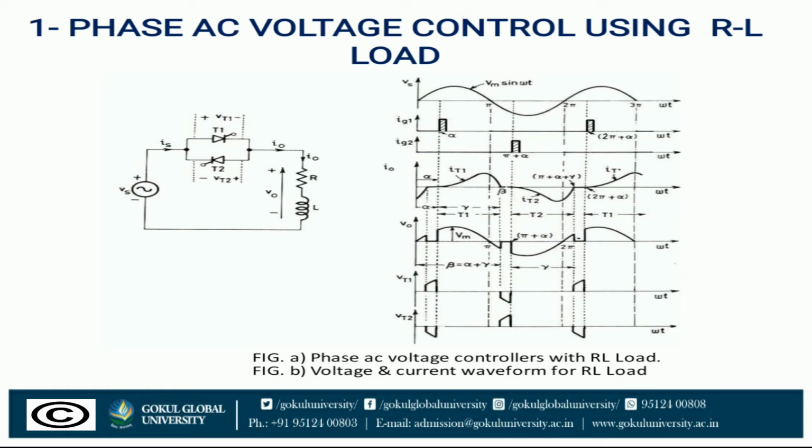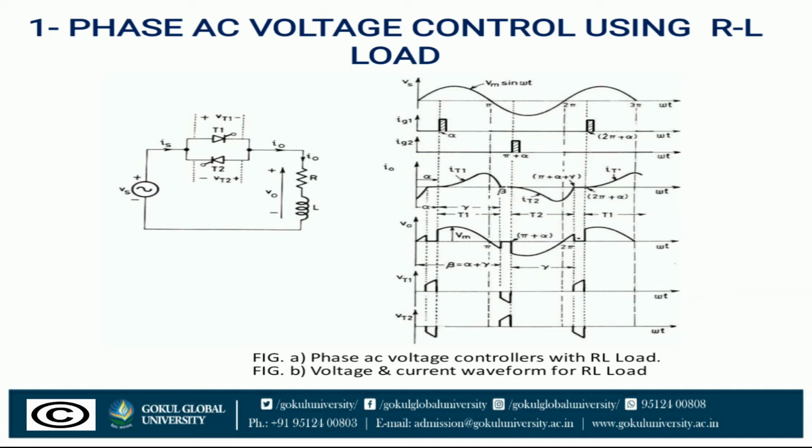It will turn off at pi plus alpha plus some angle, let us call it gamma. Again at 2 pi plus alpha, T1 will start conducting. So the load current waveform is as shown in the figure.